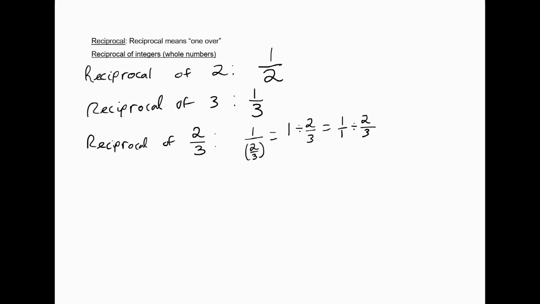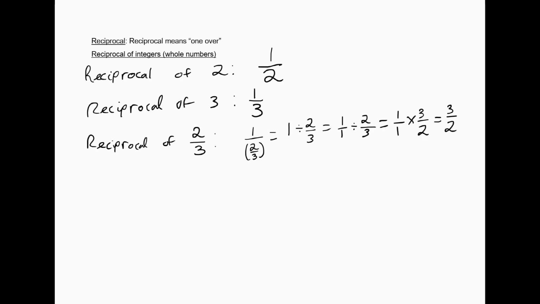And remember, when we divide a fraction by a fraction, we keep the first fraction the same, change the divide into a times, and then flip the second fraction. So you would get 1 over 1 times 3 over 2, which is just 3 over 2.